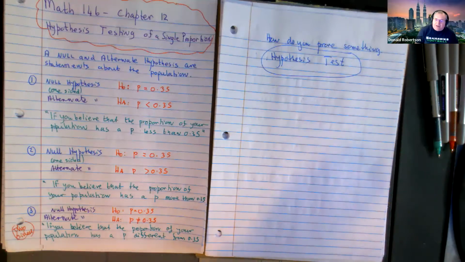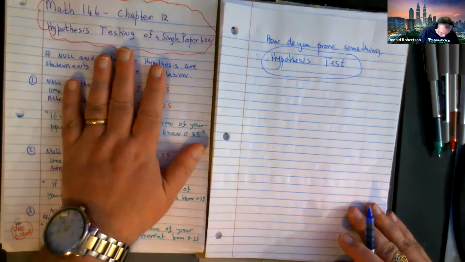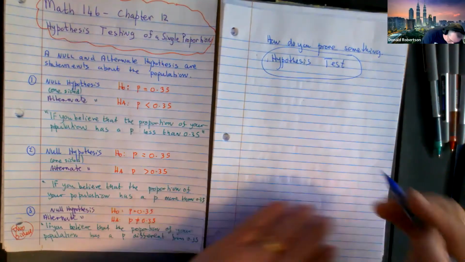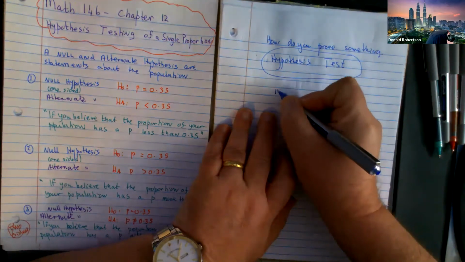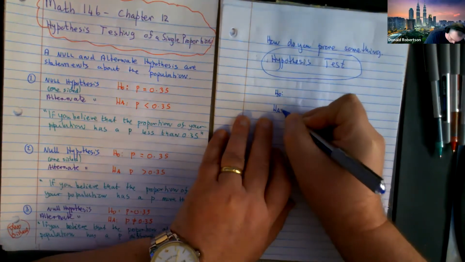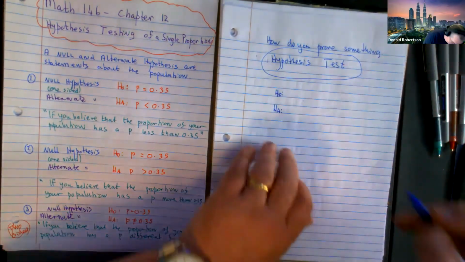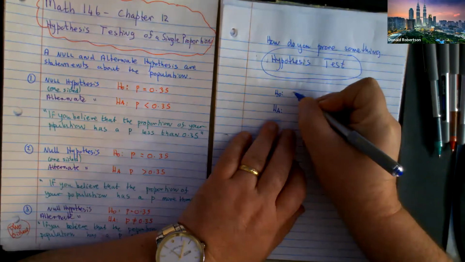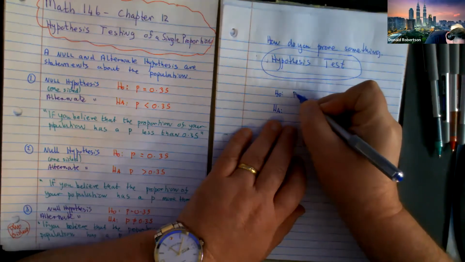The analogy that they use an awful lot, and it's quite a good one, so don't worry about not getting it yet, is a criminal trial. There are going to be two hypotheses, only one of which can be true. I'll just call them a person.